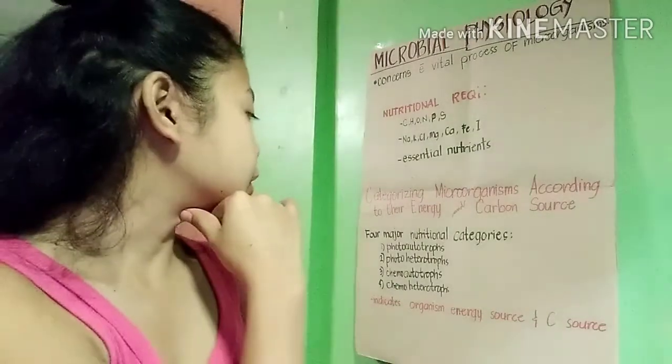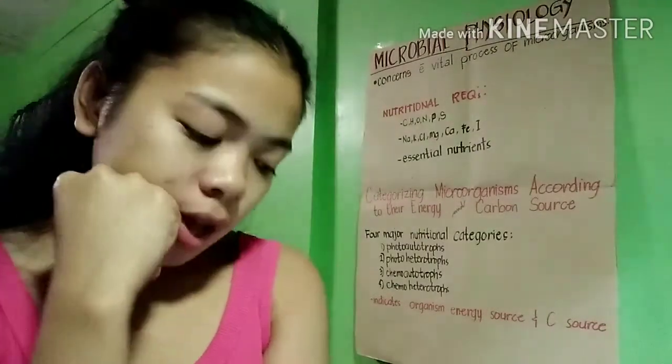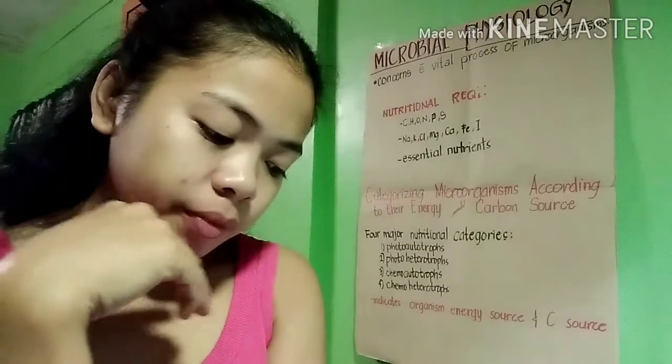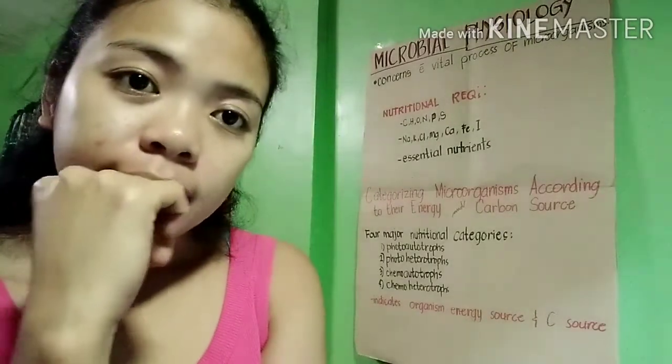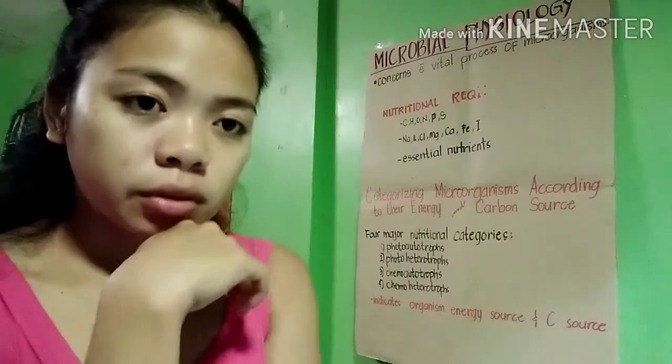Then the next is the chemoautotroph. It uses chemicals as an energy source, with carbon dioxide as the carbon source.